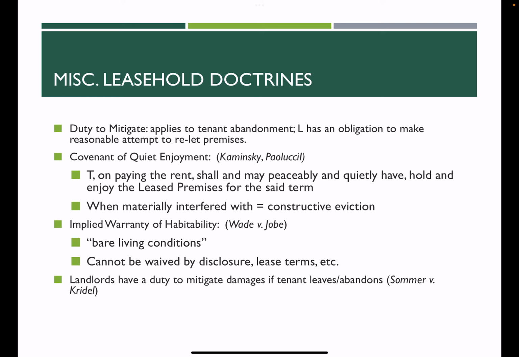It needs to be safe, clean, and fit for human habitation. Really important to remember that the implied warranty of habitability cannot be waived. So, whatever disclosure is given by the landlord is totally irrelevant. And then, just to remember that this is a product of statute.